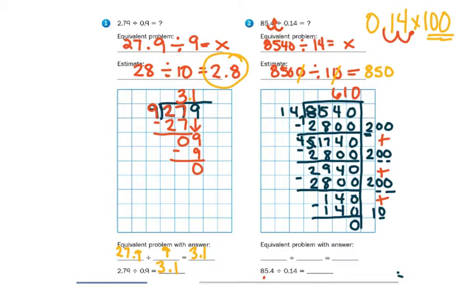So the equivalent problem is 8,540 divided by 14 is 610. Again, remember to pause at any point in time if you need additional time.